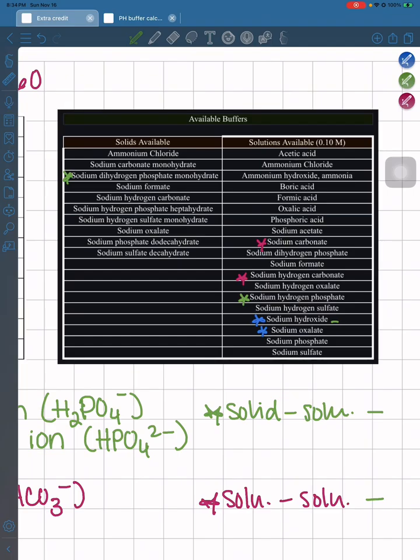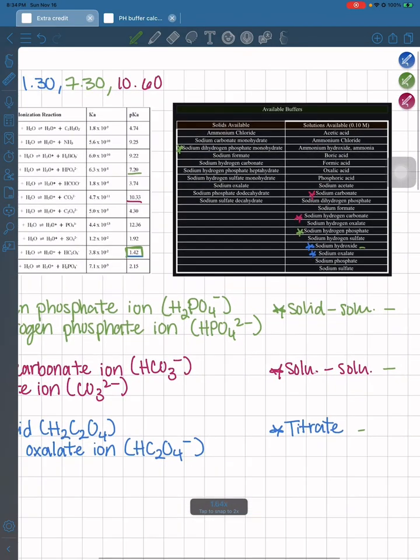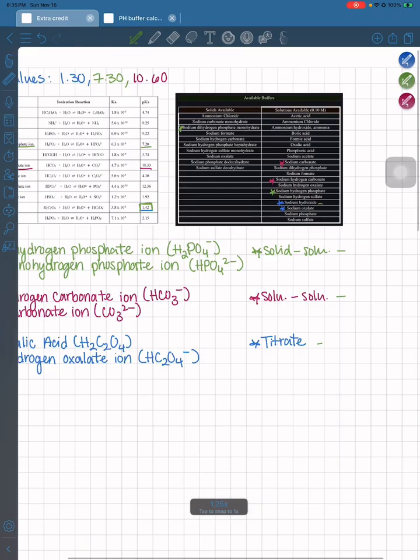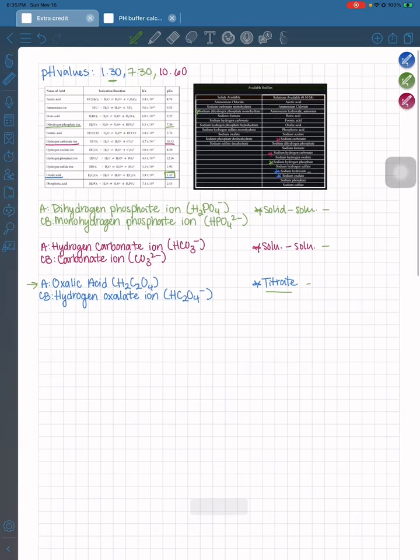Also, some compounds provided are only available as a solid, and in that situation, you have to use the solid solution method. And some compounds provided are available as a solid and solution. For those ones, you can decide and it's up to you. And for extreme ends of pH that are super acidic or super basic, titration is the best method, which is why for my 1.30 pH, I picked titration.